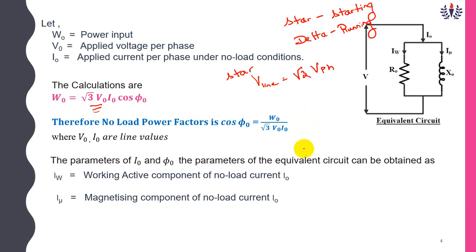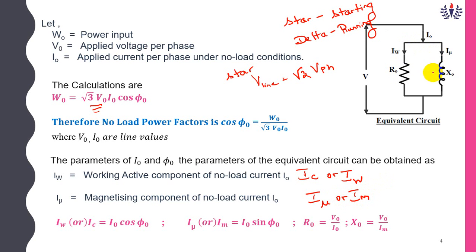For the active component we use the symbol IC or IW. For the magnetizing component you can use I mu or IM. These are the two symbols used on the stator side.